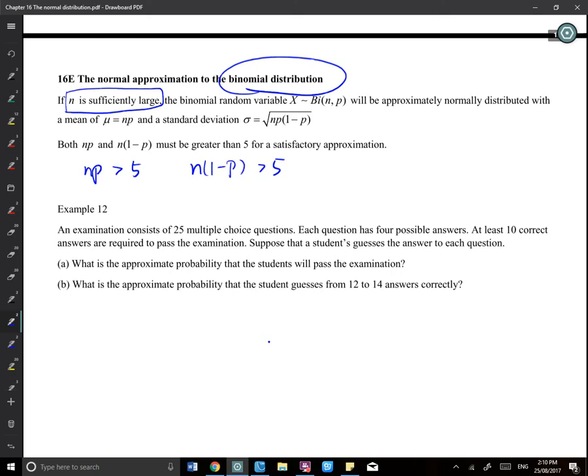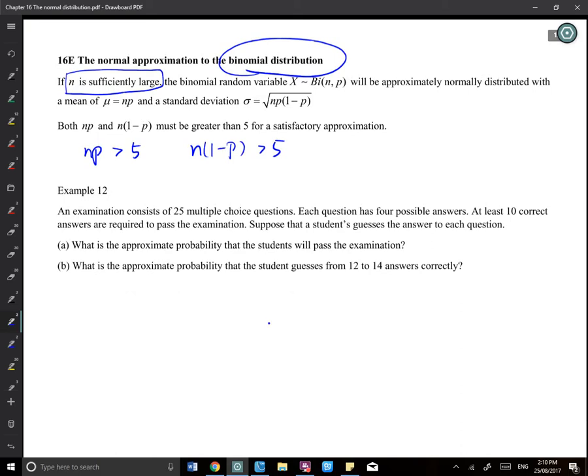So if that's the case, my X will approximately look like a normal distribution. But what is the mu and what is the standard deviation? The mu is the original mu for the binomial. What's the mu for binomial? It's n times p. So you use this mu for the normal distribution again.